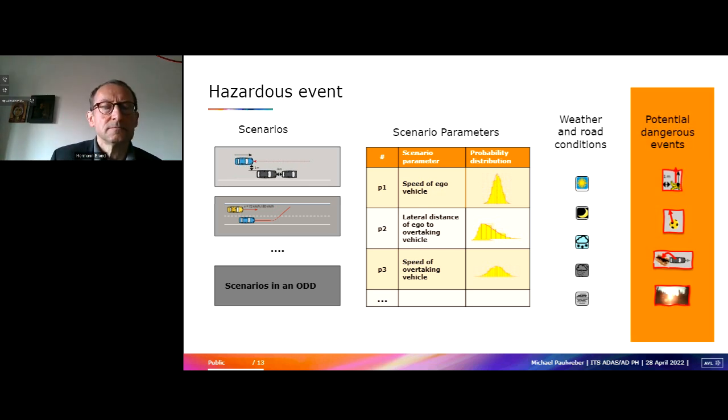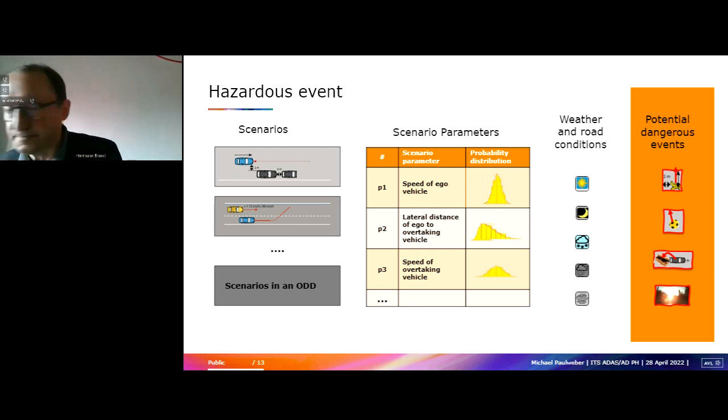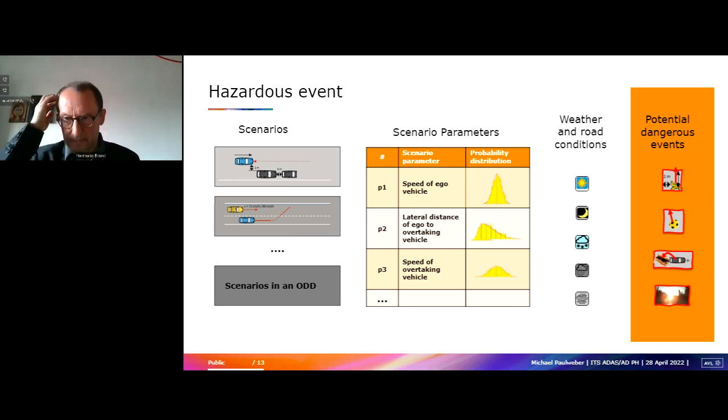For example, a child crosses the street, and that can happen on a pathway, on a roundabout, on a highway, in sunshine, in rain conditions, during taking over, and so on.